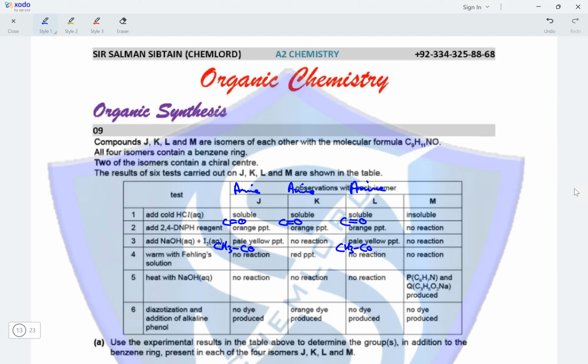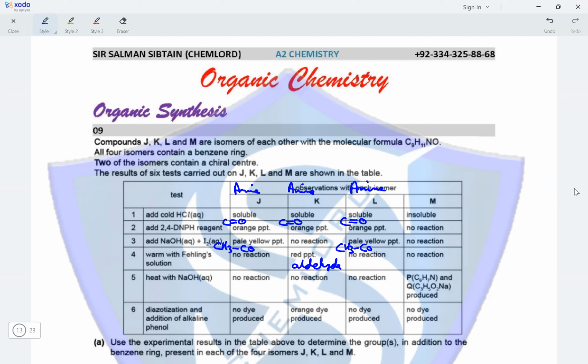Warm with Fehling's solution, so not aldehyde for J, aldehyde for K, and not aldehyde for L and M. So heat with NaOH.